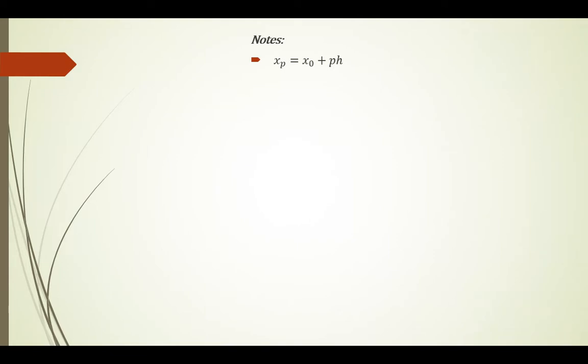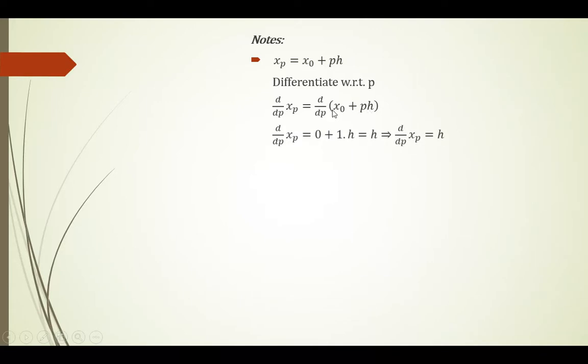So when xp is equal to x naught plus ph, and whenever we differentiate this equation with respect to p, x naught is a constant number, so the derivative of x naught will be 0, and the derivative of ph with respect to p, the derivative of p is 1 and this is h, so this is equal to h. It means that d by dp of xp is equal to h.